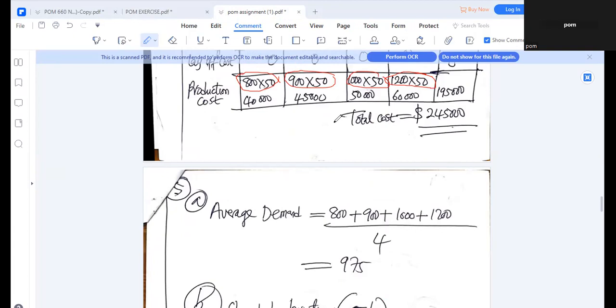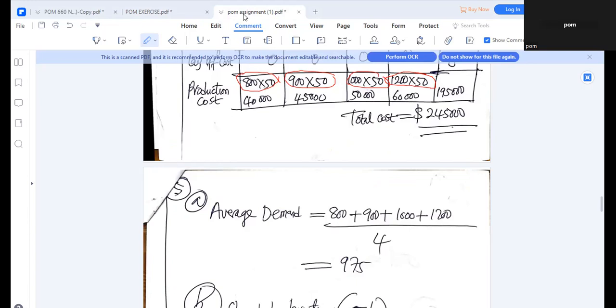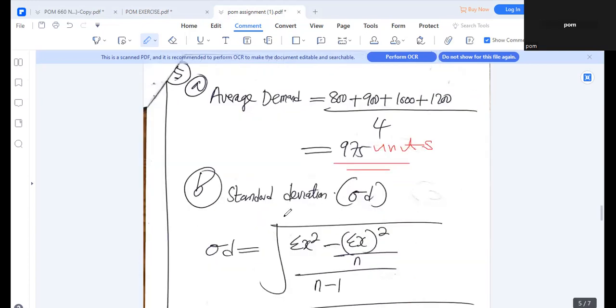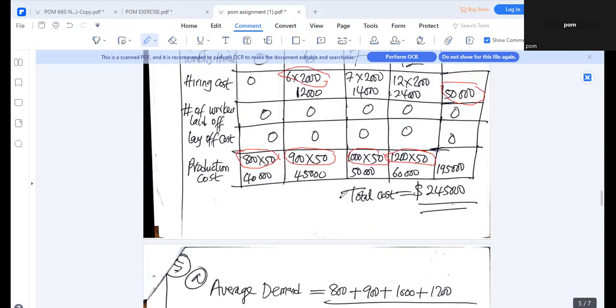Getting down to the other question from here, it was asking about the average demand and the standard deviation. So the formulas here, the average demand was 975 units. Then the standard deviation of demand, using this formula, we are squaring these values one at a time.